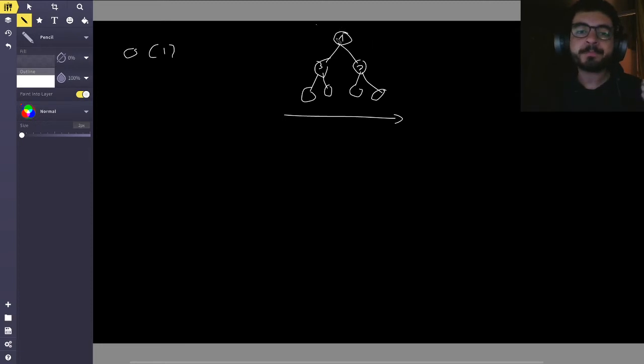So reading the minimum value is always O of 1, which is a special thing about the heap.